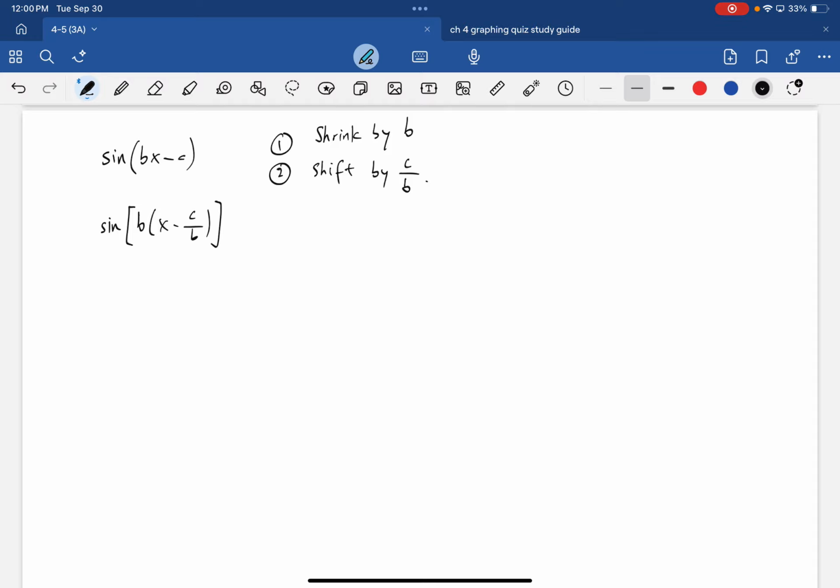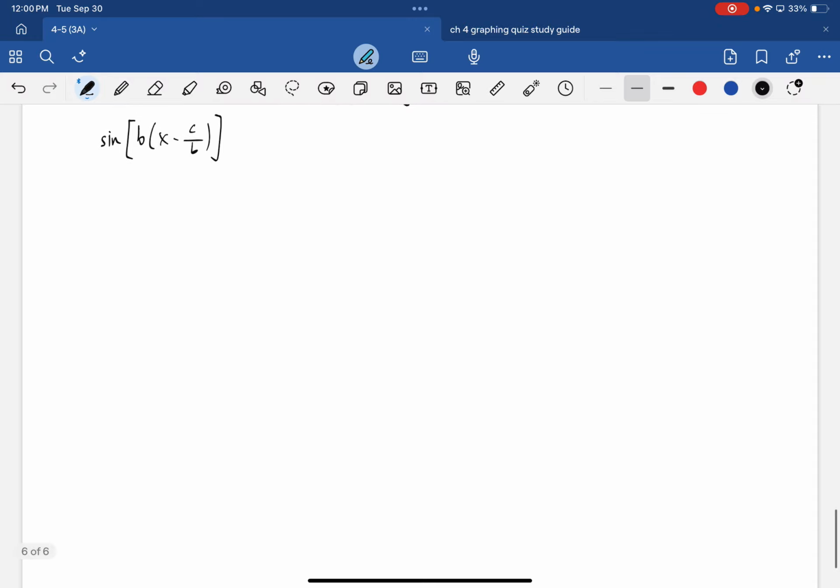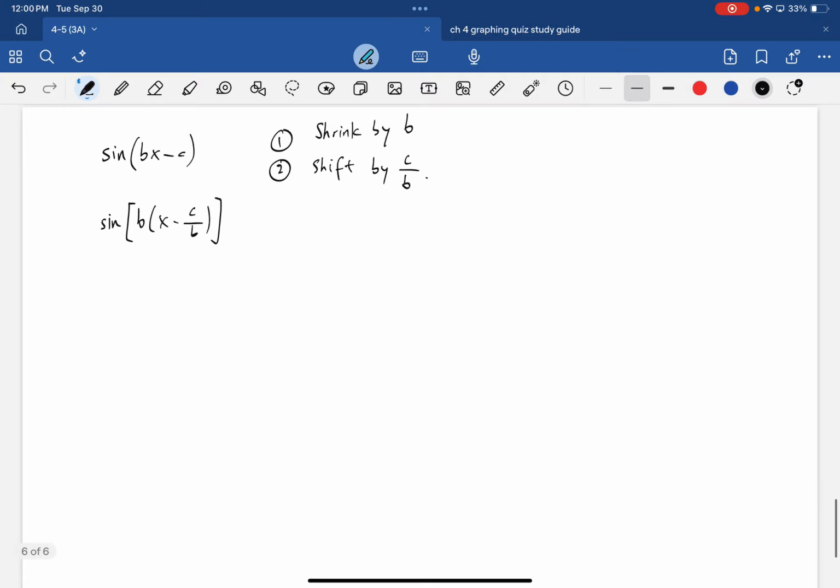All right, let me show you guys a simple example. Let's say we have sine of x, maybe sine of x plus pi over 2. Okay? But by the way, a shift by c over b is to the right because it's a minus sign, right? A minus sign corresponds to a horizontal shift right.